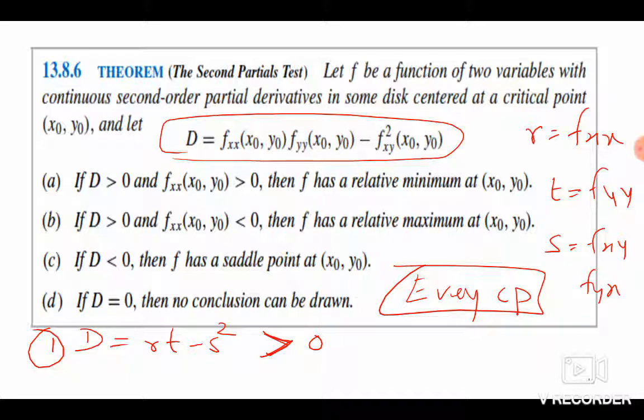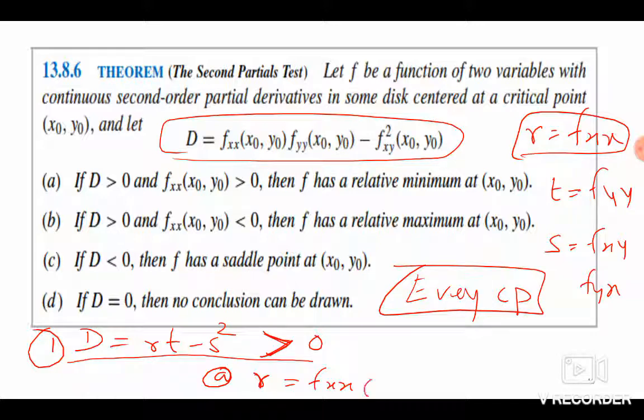Second condition, if this condition is true, then we have to verify the r value, what is the second derivative with respect to x, the r value, which is fxx at the critical point x0, y0. If this is negative, you get a maximum. If this is positive, you will get a minimum, just like our calculus 1, isn't it?